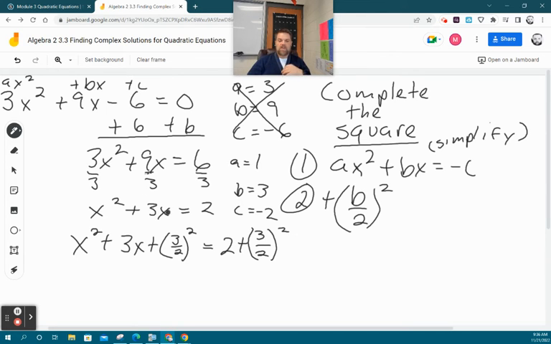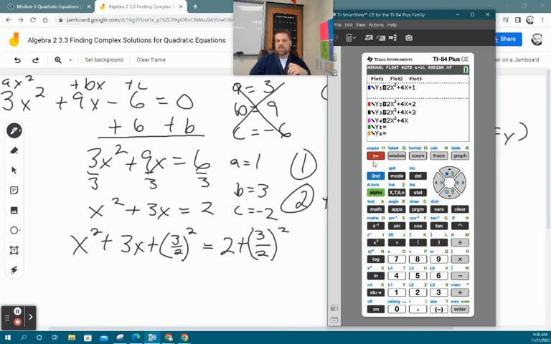So then when I square, let's figure out what that is. We'll just do it on the calculator for time's sake. So go ahead and hit second quit. Hit math. Go over to numbers. Go to fractions. And we're going to say 3 over 2.